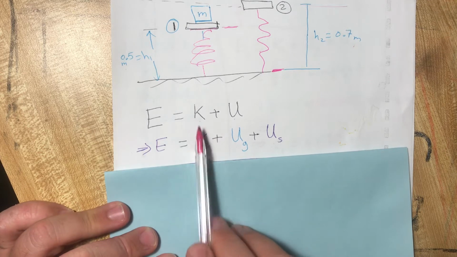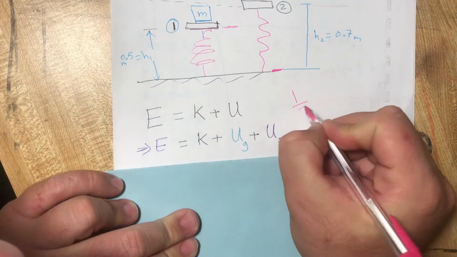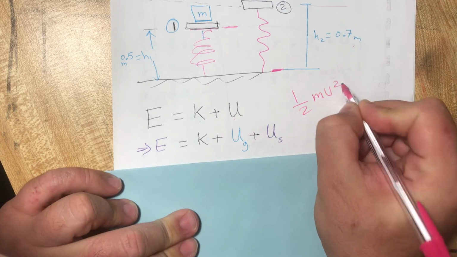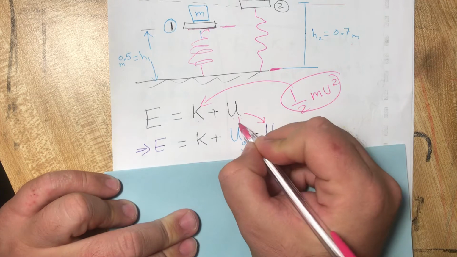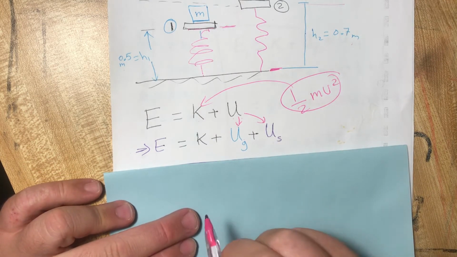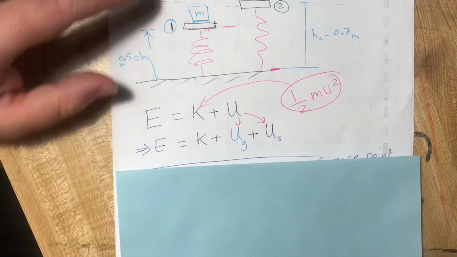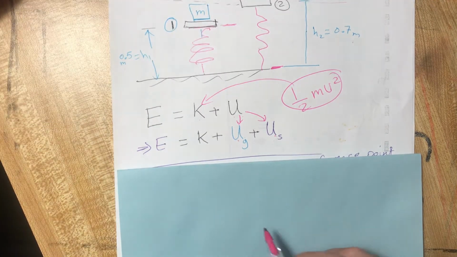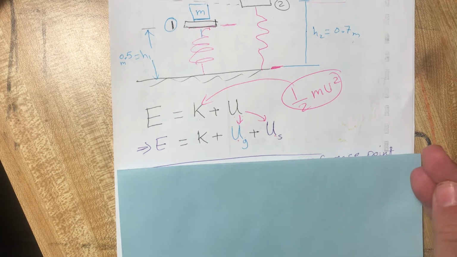The kinetic energy is always half mv squared. But the potential will have many forms. In this course we will deal with just these two potential energies. In general, we have electrical potential energy, magnetic potential energy, nuclear, many forms of the potential energy.